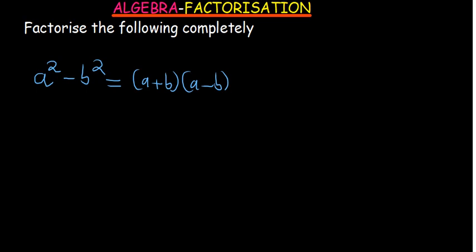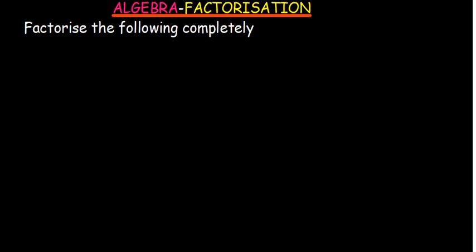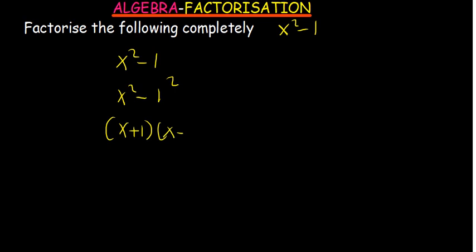For example, if they ask you to factorize x squared minus 1 completely, 1 is the same as 1 squared, so I've got a difference of 2 squares. So I'm going to write this as x plus 1, x minus 1.